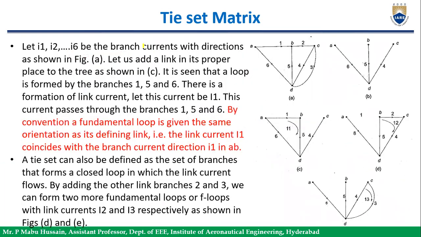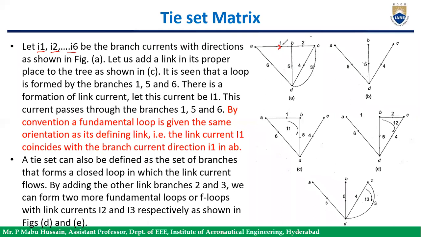Now let us assume that I1, I2 up to I6 are the currents flowing through each branch.